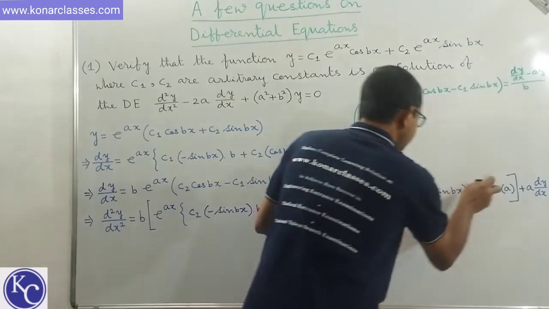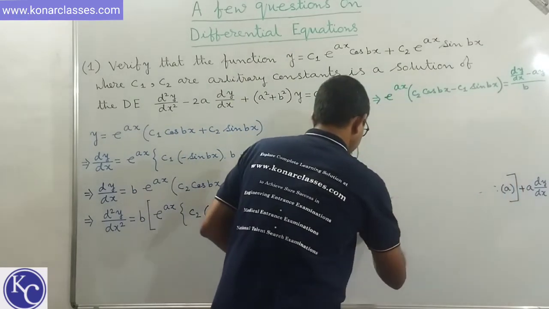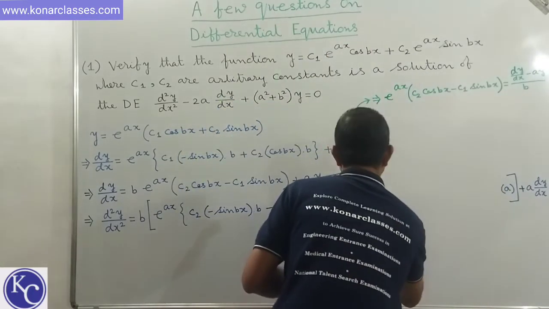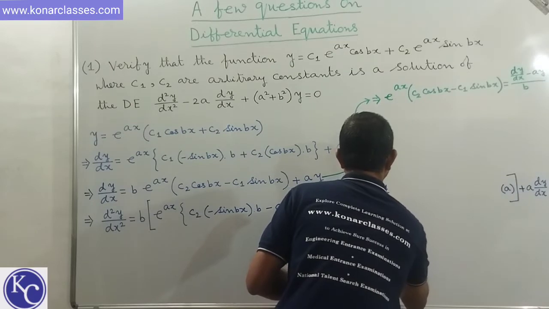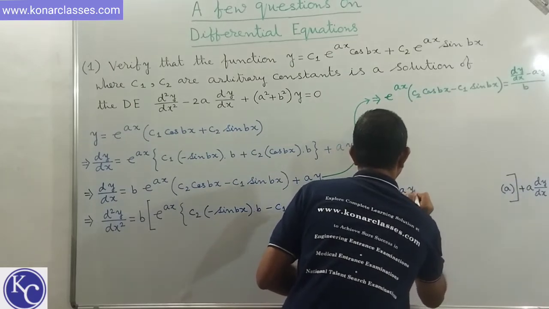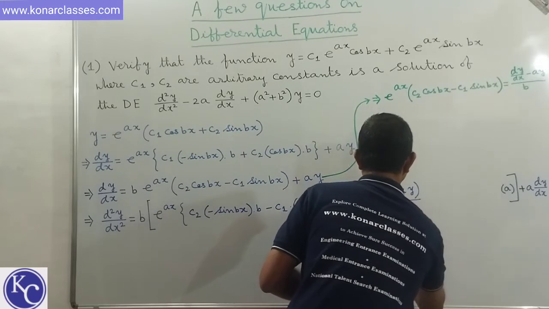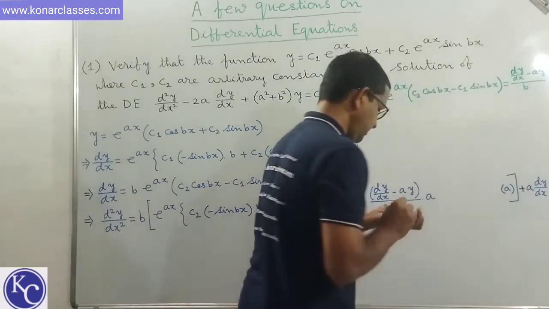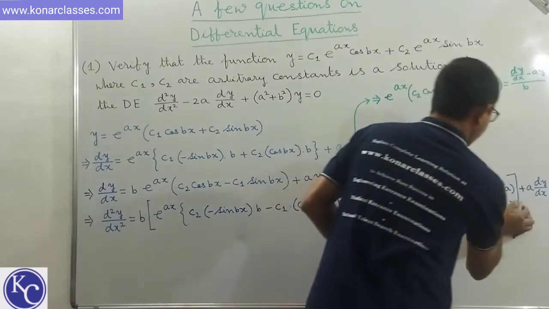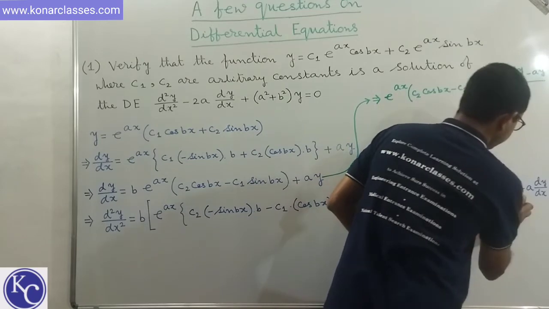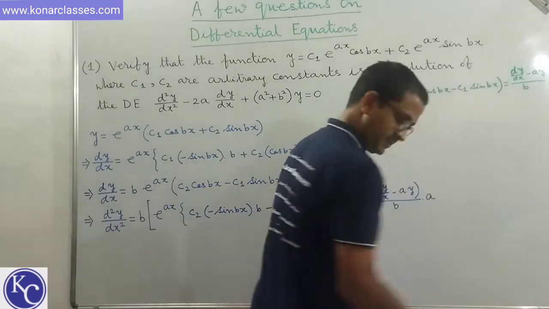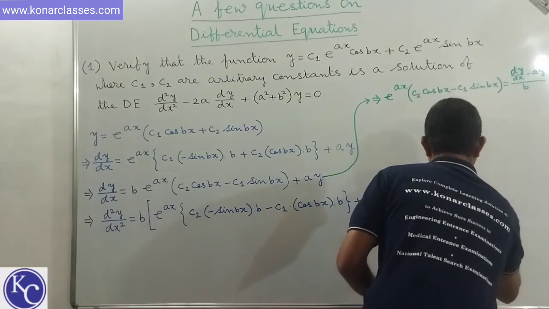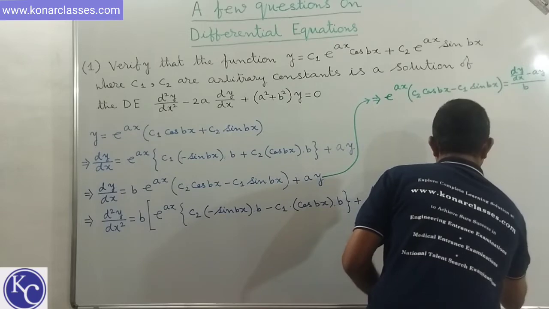So let's remove this and write (dy/dx minus ay) divided by b, into this a as it is, so we can remove this a. And then a dy/dx, which is added, we will write after that. So plus a dy/dx, correct?